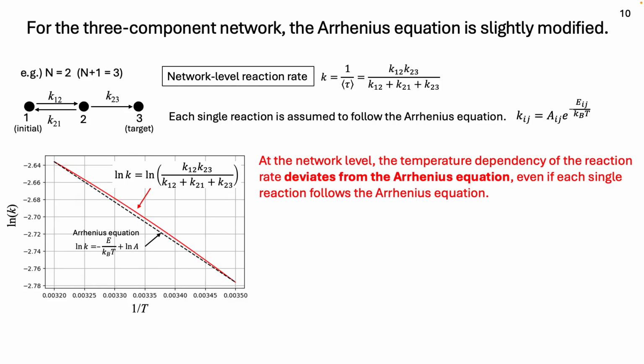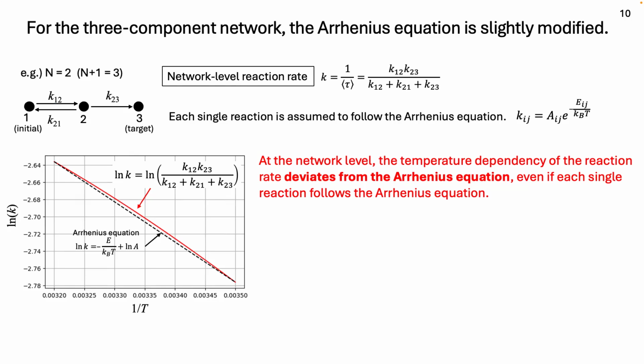This network structure is not complicated, so it's similar to the Arrhenius model. The red line is the network level reaction rate we derived. And the black line is simply a straight line from the Arrhenius equation.